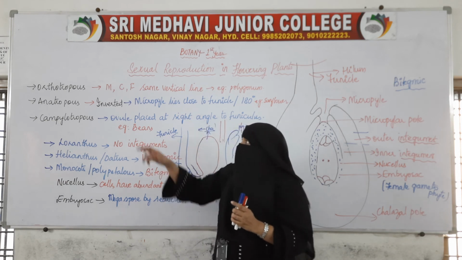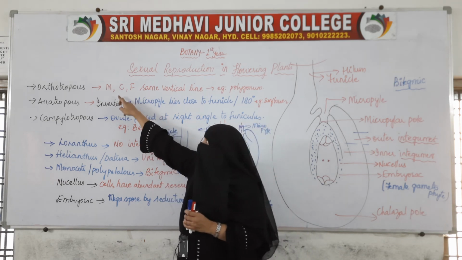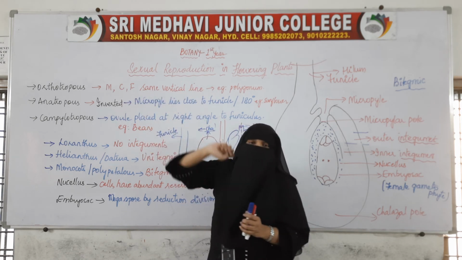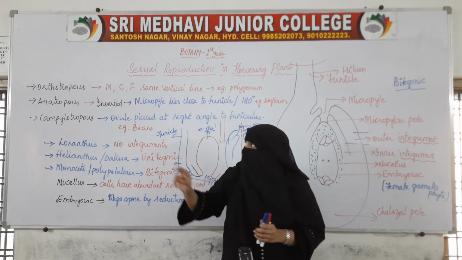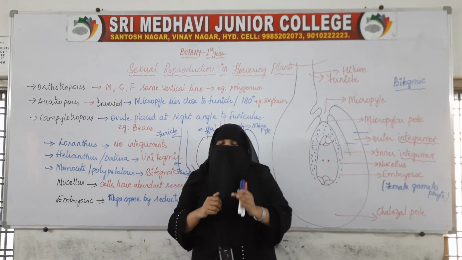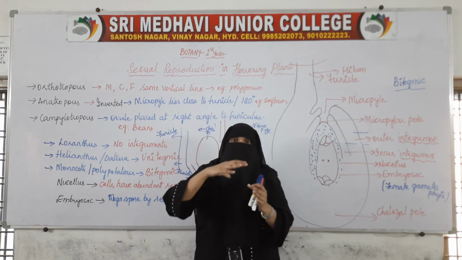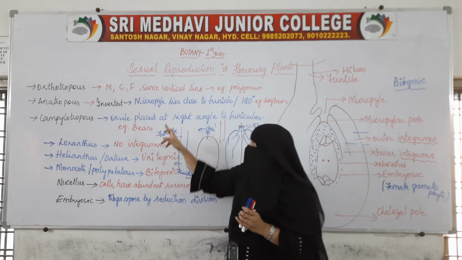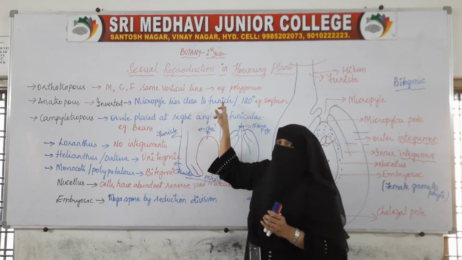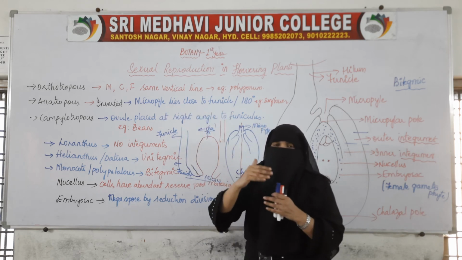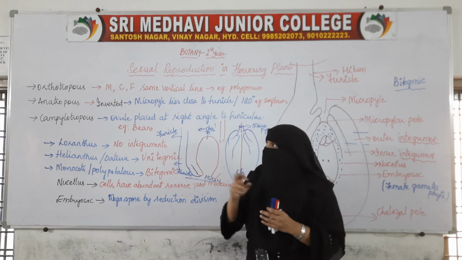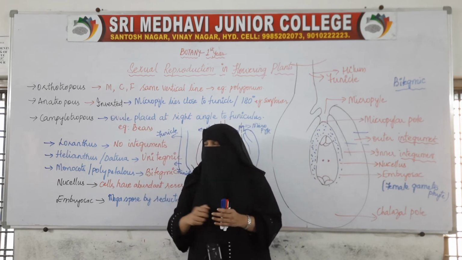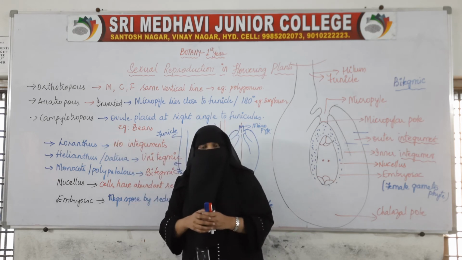In the first type, that is orthotropous, micropyle, funicle and chalaza are all on the same vertical line. And anatropous ovule is basically an inverted orthotropous ovule, with the difference that the micropyle lies close to the funicle, taking a 180 degree curve. So this type of ovule is called as anatropous ovule, and the third is campylotropous ovule.